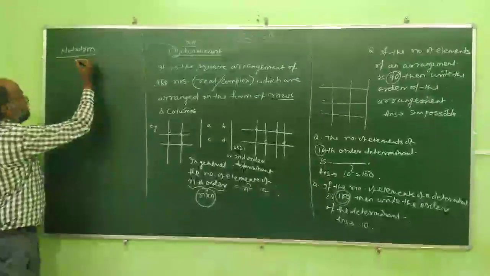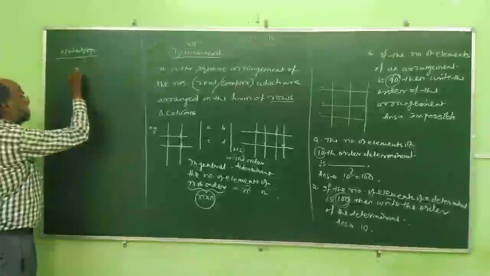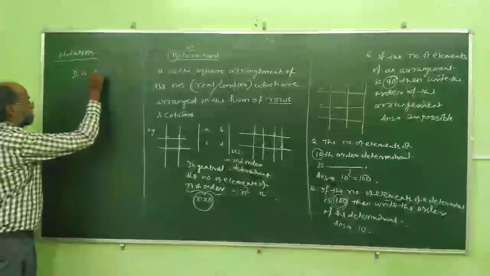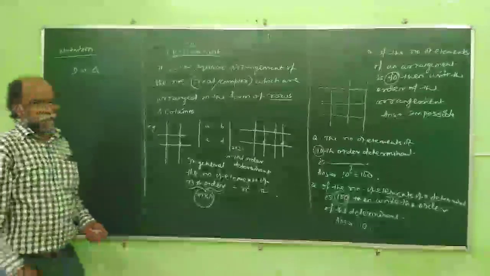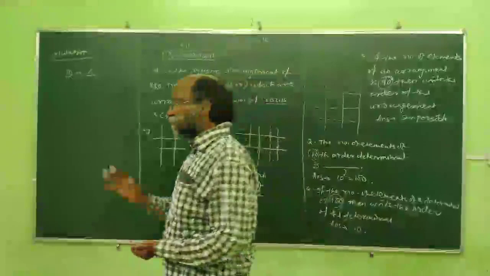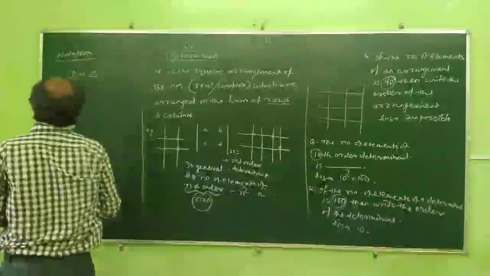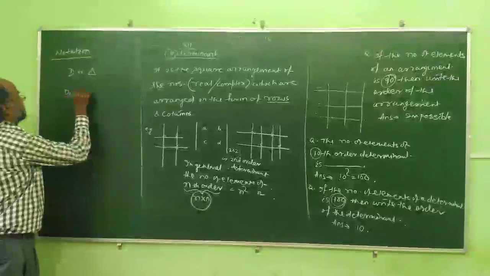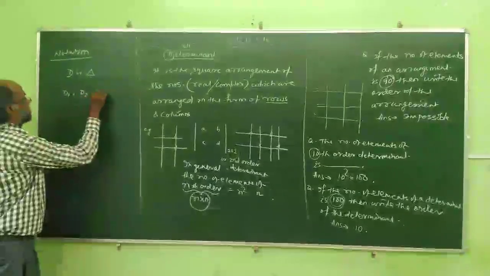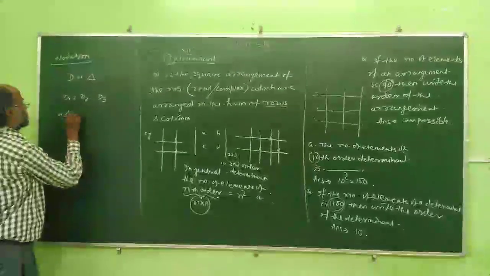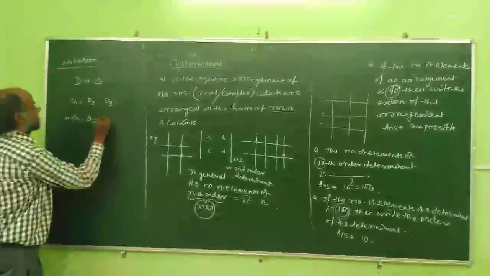Any determinant can be denoted by the letter capital D. Or in some books, you get this notation also, D or delta. Suppose we have 3 determinants, then those can be denoted as D1, D2, D3. Or in some books you get delta 1, delta 2, delta 3.